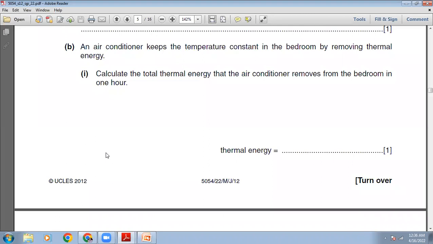An air conditioner keeps the temperature constant in the bedroom by removing thermal energy. Calculate the total thermal energy that the air conditioner removes from the bedroom in 1 hour.